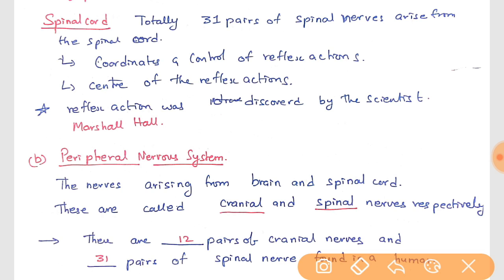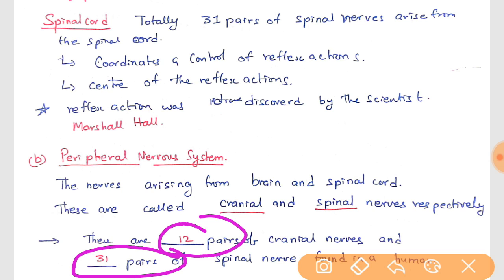There is a connectivity from the central nervous system to the organs, and this connectivity is through the nerves. These nerves are of two types: cranial nerves and spinal nerves. These cranial nerves are almost 12 pairs, friends, and the spinal nerves are 31 pairs, friends.